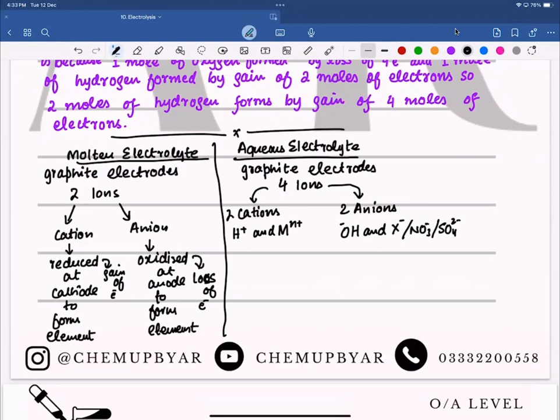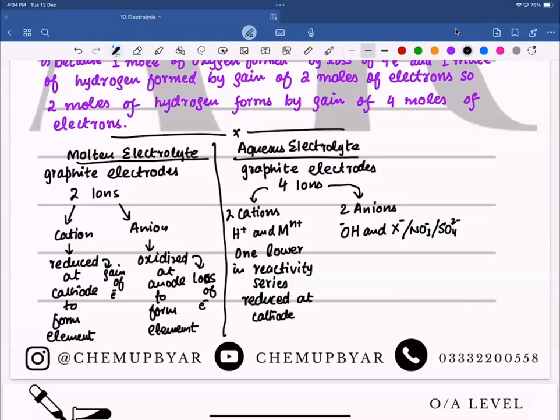In this case, out of these two cations, the one lower in the reactivity series is reduced at the cathode.